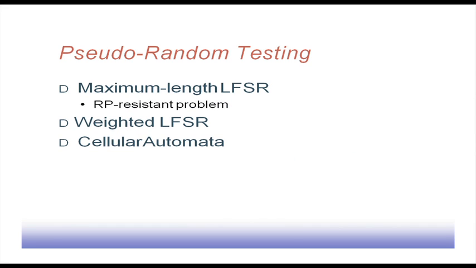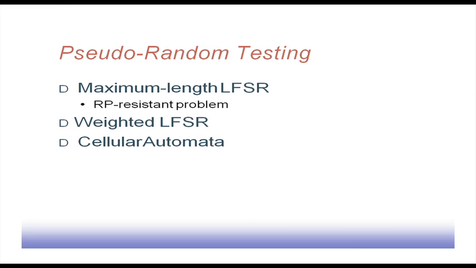This maximum length LFSR can be used as a pseudo random pattern generator, but the problem is that there are certain faults in the circuit which are random pattern resistant. Random pattern resistant faults are those where the possibility of hitting a pattern that can detect the fault is very low. This happens particularly where only a few specific test patterns can detect a fault, and since we are trying random generation, the probability of getting that particular pattern generated is small.